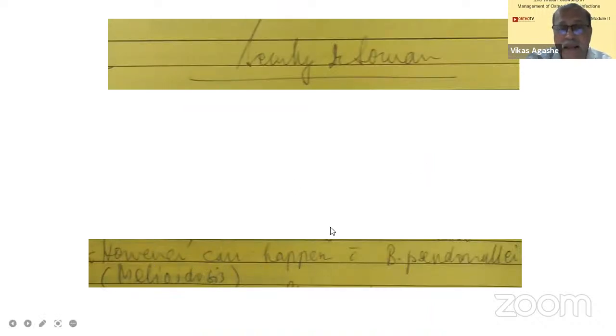This is the second thing seen by Dr. Suman. This can happen with Burkholderia or melioidosis. So Burkholderia pseudomallei is a gram-negative bug which was separated from Pseudomonas aeruginosa only in 1996. Till then, it was classified as a Pseudomonas infection.